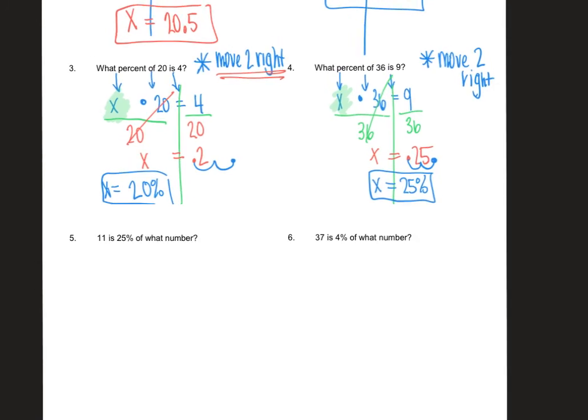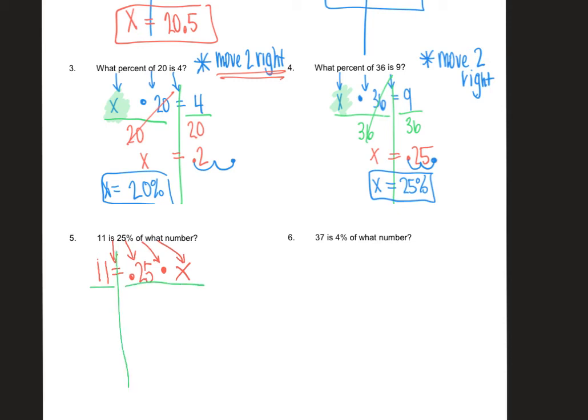All right, new wording that you can see. 11 is 25% of what number? So we're going to start with an 11. Is means equals. 25% is 0.25. Of means multiply, and what number means x. So really I have 11 equals 0.25 times x. I'm going to throw my line down my equal sign.